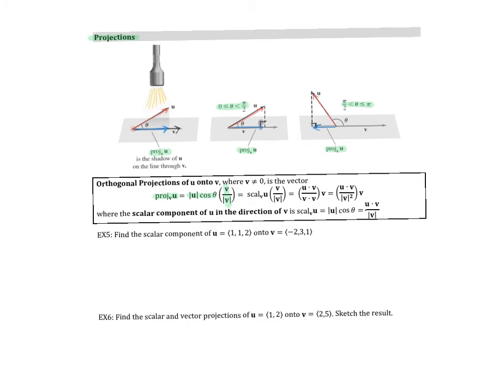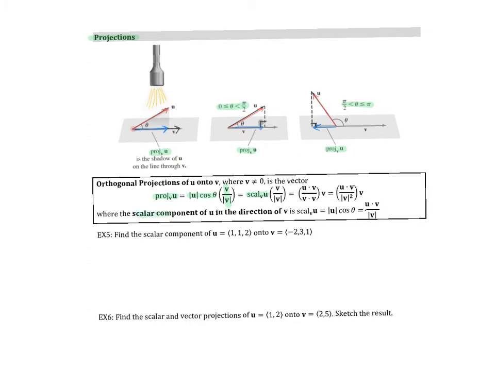We could use any length v, because if you notice in the diagram, we only need v for direction, not for v's length, or magnitude. The other thing we can do is if we have our scalar, so a scalar of our vector u onto v is actually in the bottom here.